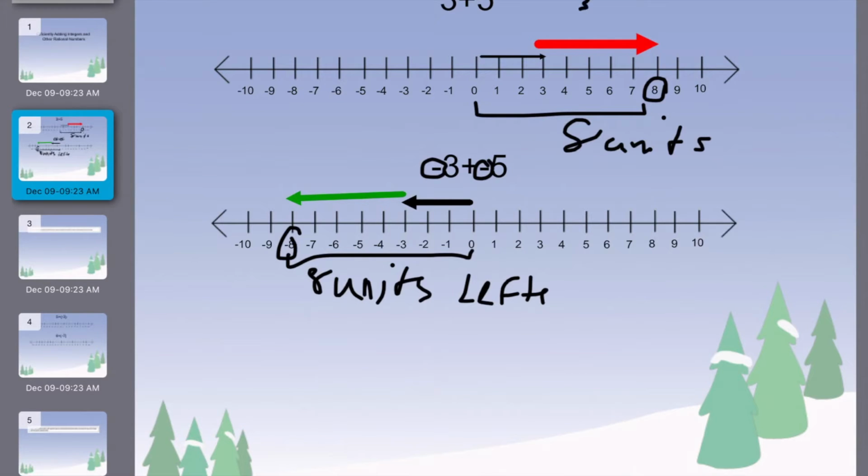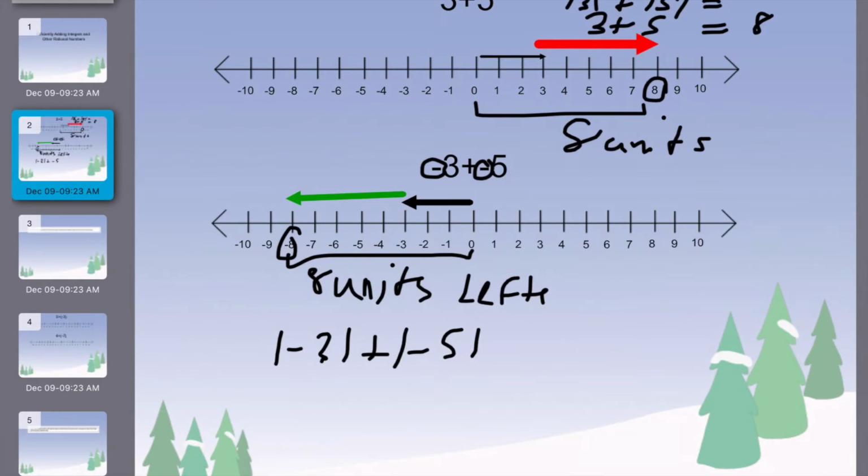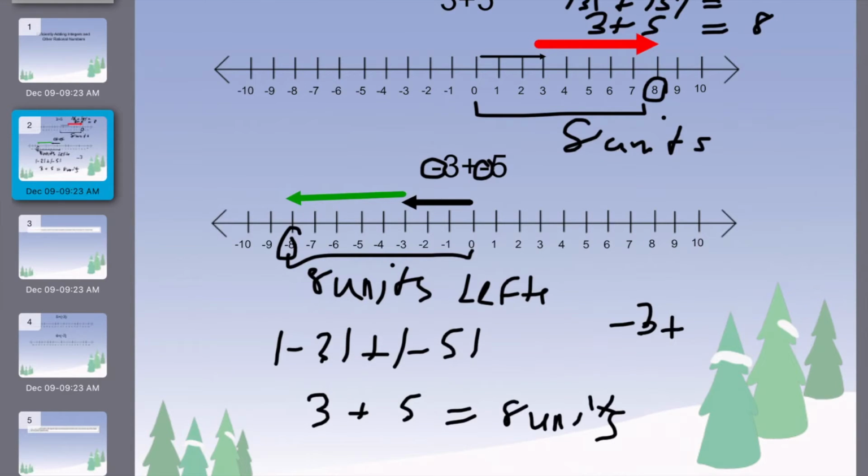So it's almost like if I just took the absolute value of each of our numbers and added them together and kept that sign, that's going to be my answer. 3 plus 5, I know it's going to be 8 units, but I know that -3 plus -5 is just going to give me -8 because I'm just going to keep the sign. That's actually the rule for when I'm adding integers with like signs.